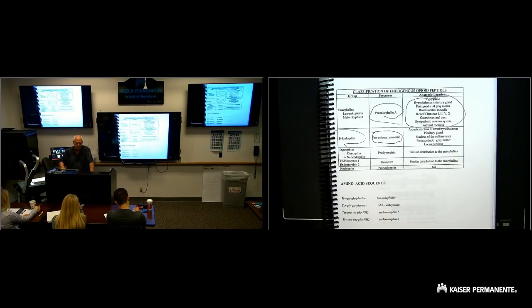So when you have a stress response, you release POMC, and then it's broken down into beta endorphin, into cortisol, steroids, and melanocortin, MSH, melanocyte stimulating hormone.